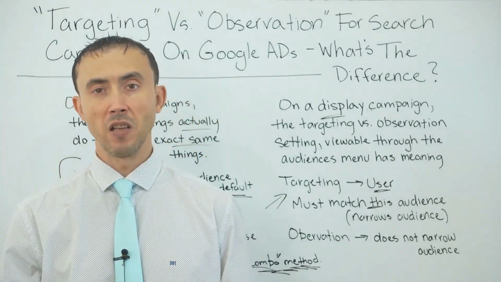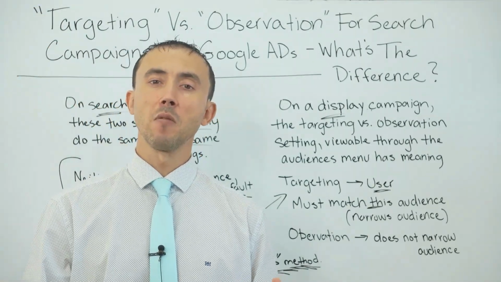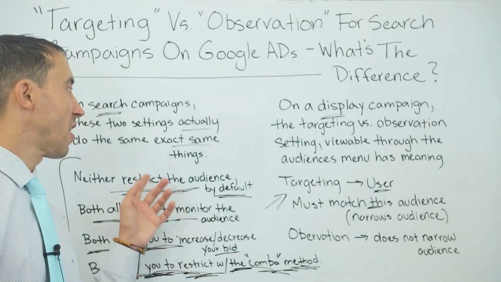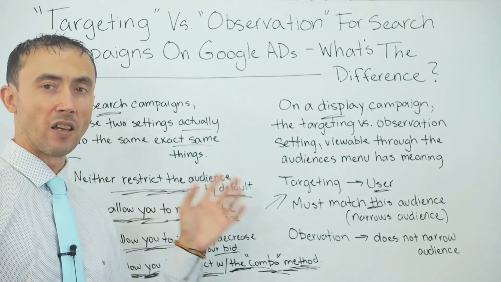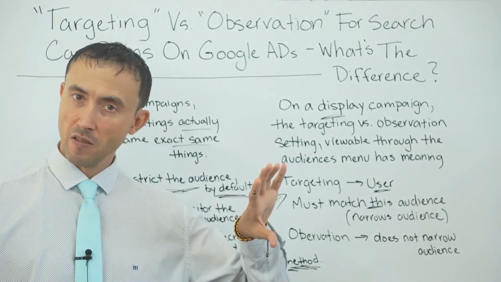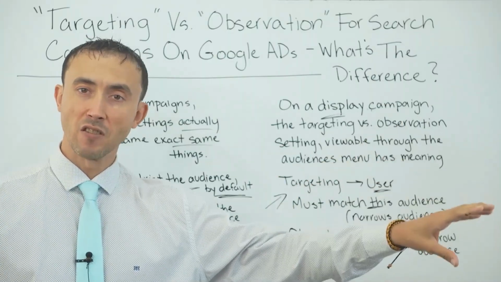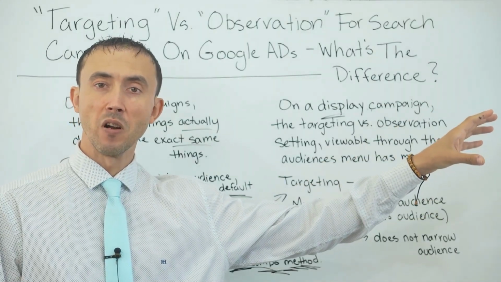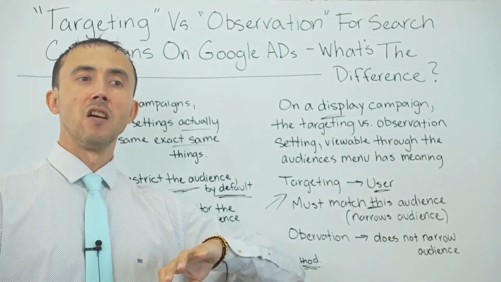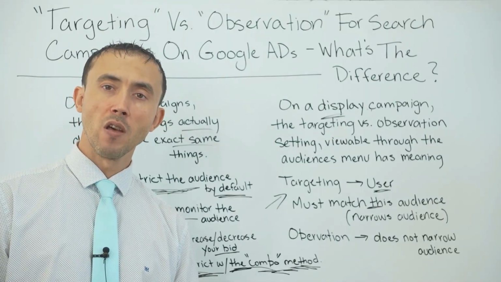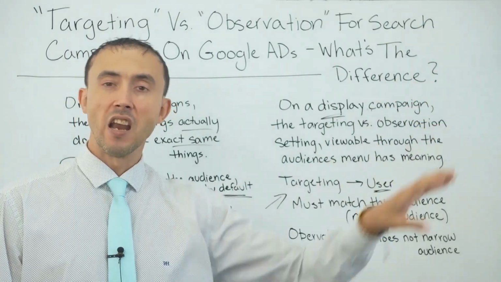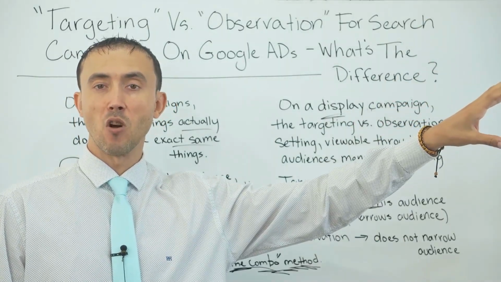And so effectively, what we've done is turn this campaign, where the targeting option doesn't work like it should, into one that works the way it would be ideal with a display campaign, where unless somebody's on this audience, the ad will not show up for this keyword. We've effectively done it because our bid's too low to get shown unless they're on this audience. And now if they're on this audience, they can actually show for this keyword.